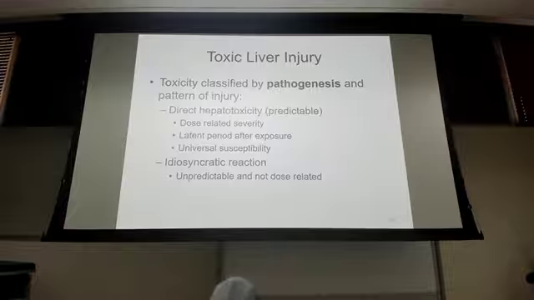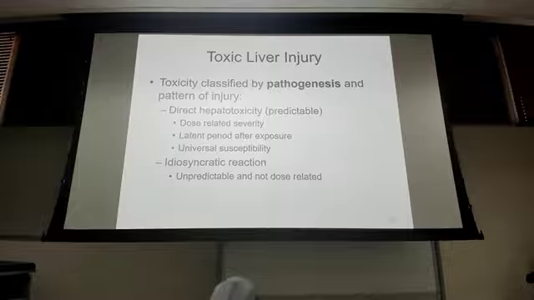We can also predict, based on exposure, when we expect to see signs and symptoms. Is it 5 minutes after the patient ingested X, Y, or Z? Is it 10 minutes? Is it an hour? Is it 6 hours? We can predict the timing between ingestion or exposure and when we start seeing signs and symptoms and side effects.